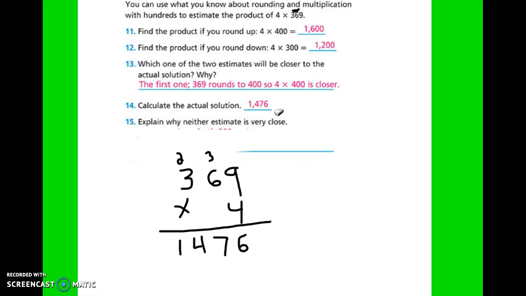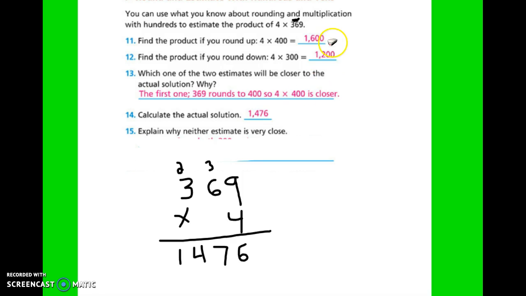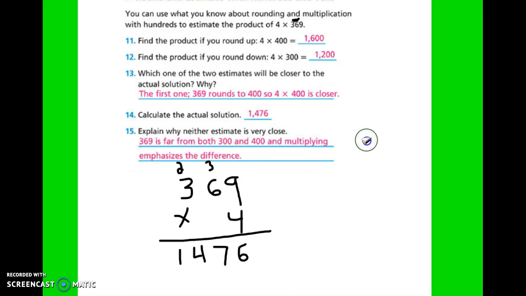So it says, explain why neither estimate is very close. So we were at 1,600 and we were at 1,200, and the actual answer was 1,476. Why weren't they very close? That's a great question. Well, 369 is far away from both 300 and 400 when multiplying. So it probably would have been better if I would have estimated halfway in between these two solutions.